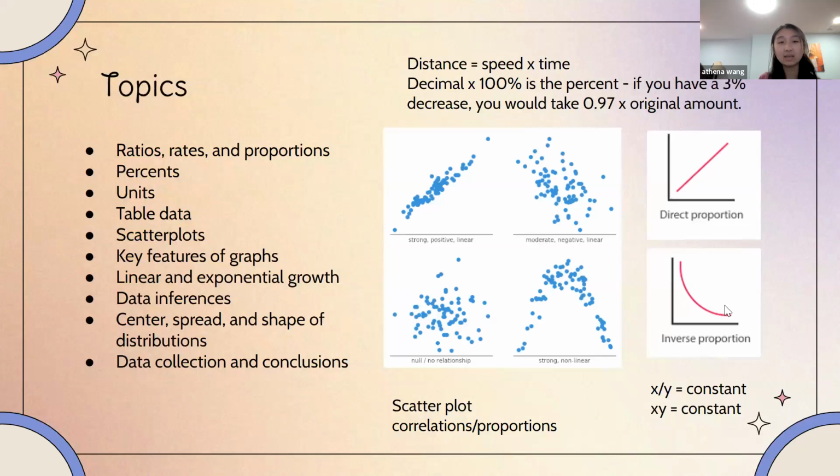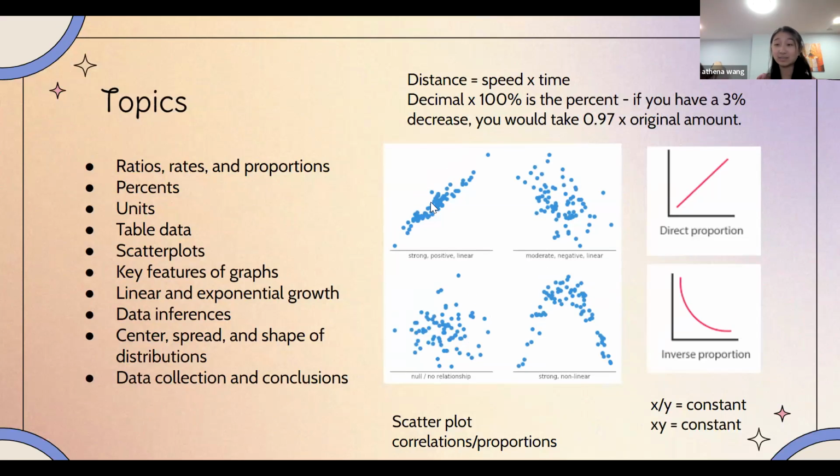So I will first go over the main topics of this section, and I will provide you the basic formulas that you need to know, and we can continue with just the main parts that I think more people need to know. Okay, so first of all, they test on ratios, rates, and proportions.